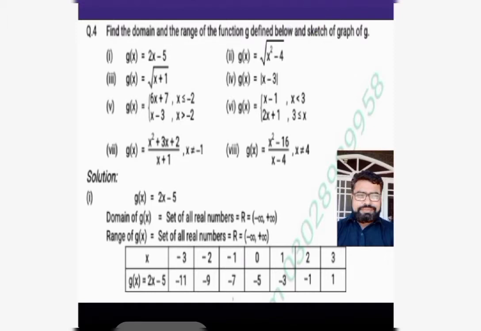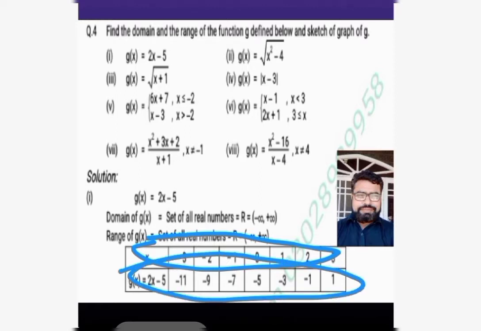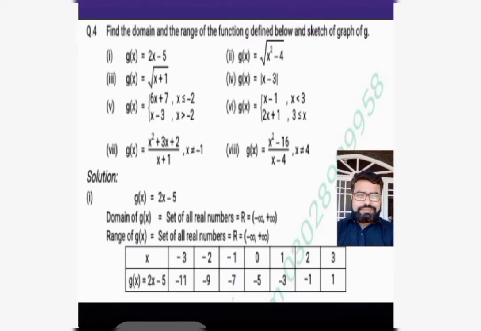The value we will put in the function is the domain, and the answers you will get are the range. Input is domain and output is range.